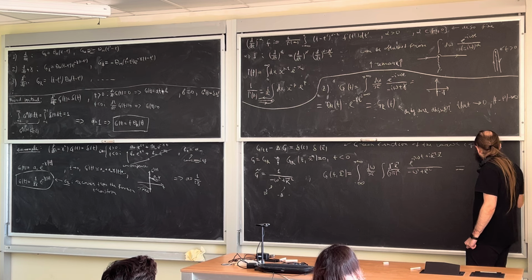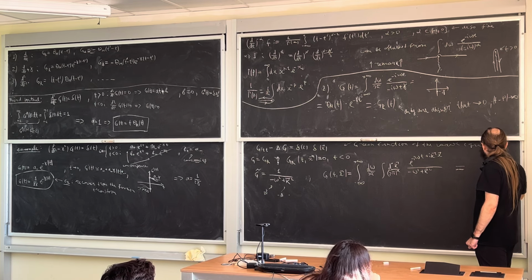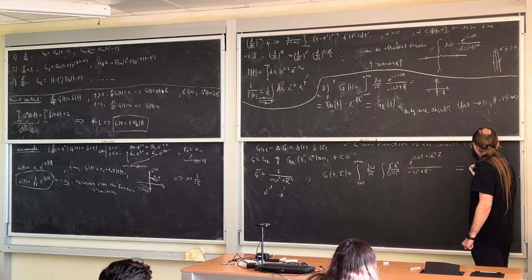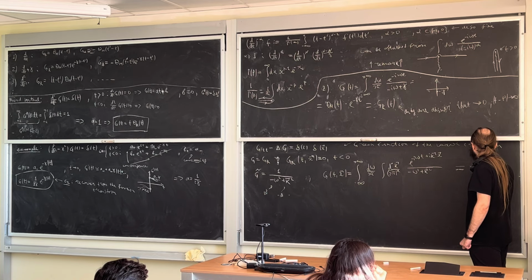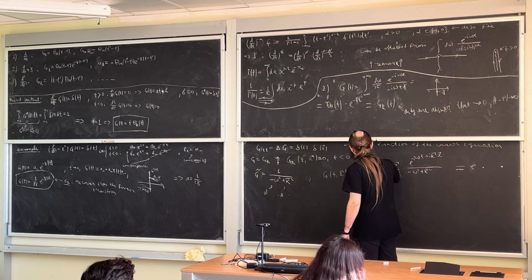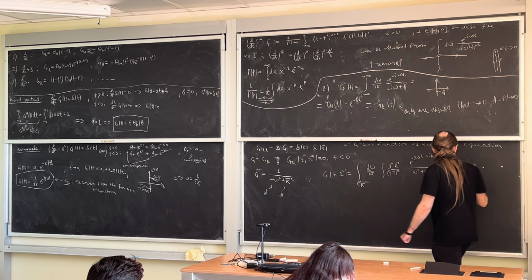We simply need to move this contour slightly above the two poles. Oh, sorry, I wrote from minus infinity to plus infinity, but I should have written the integral over this contour.